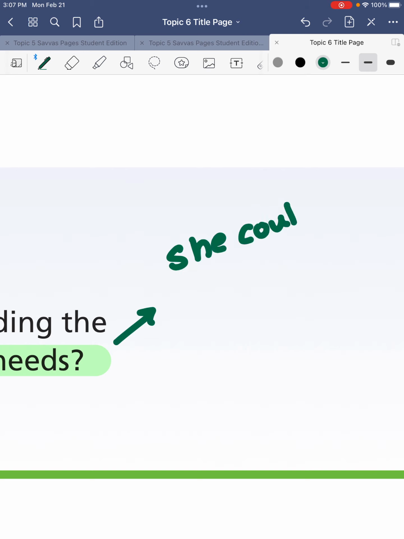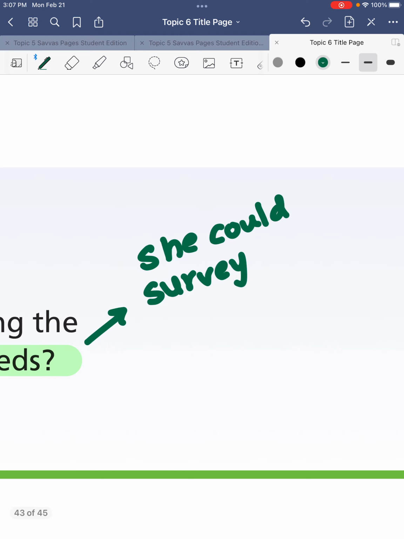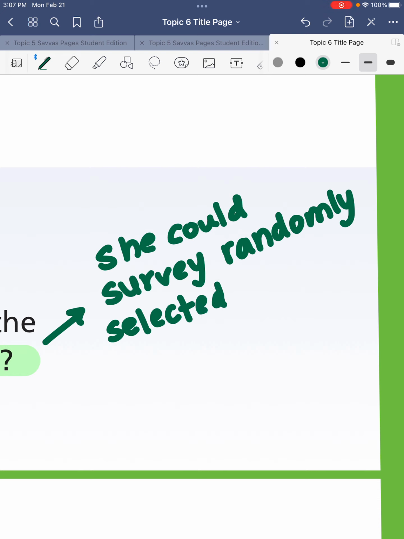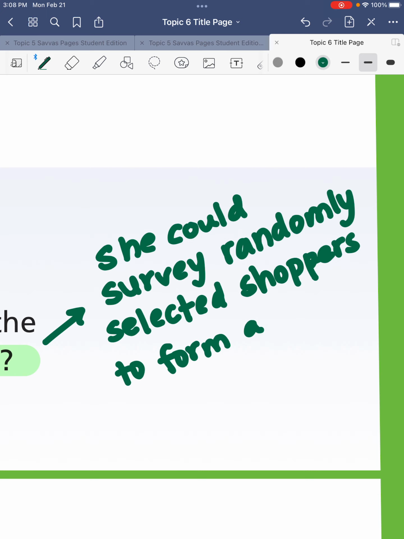She could survey randomly selected shoppers to form a representative sample.